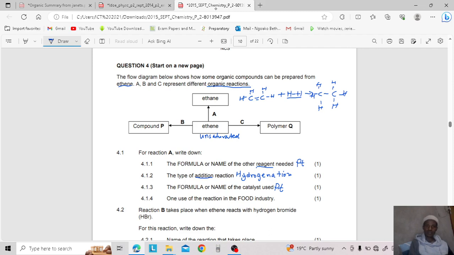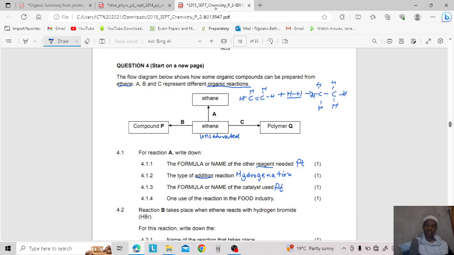It's fine. One use of a reaction in the food industry. How is the reaction used? Hydrogenation.